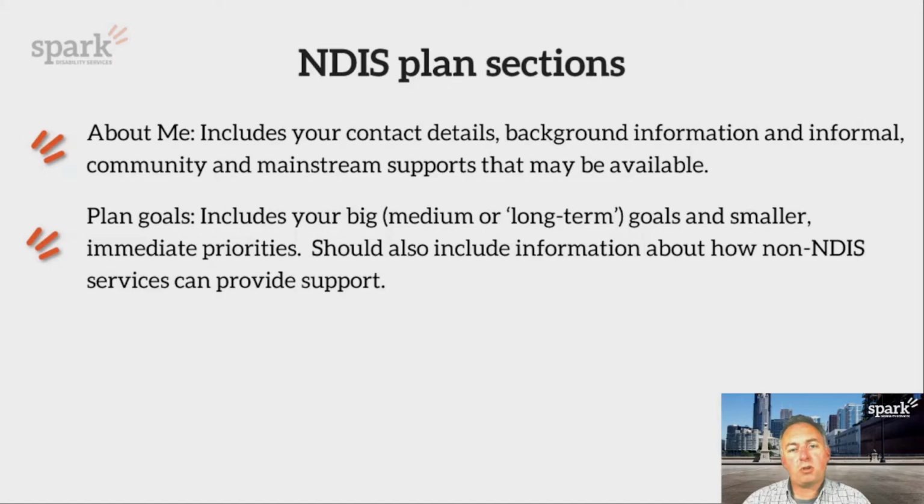Or they can be smaller, more immediate goals, perhaps as part of that larger goal. A good, well-considered NDIS plan will include information in the goals section about how non-NDIS support services, for example, informal, community, mainstream supports, can also help a person to make progress towards achieving their goals.